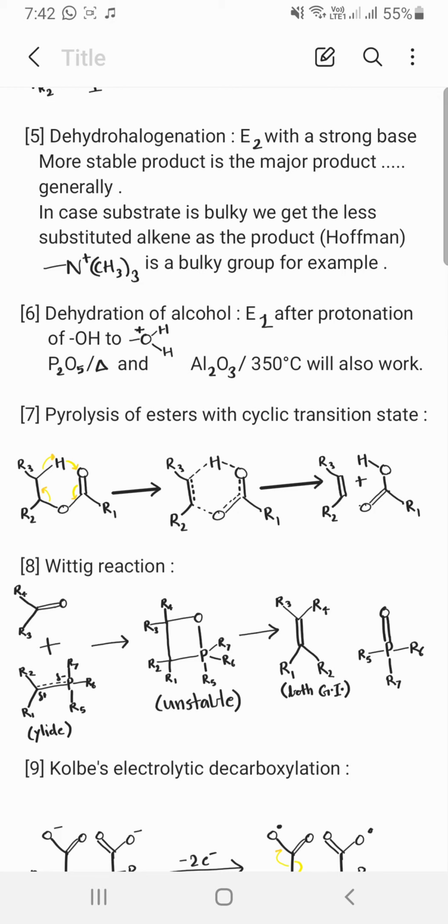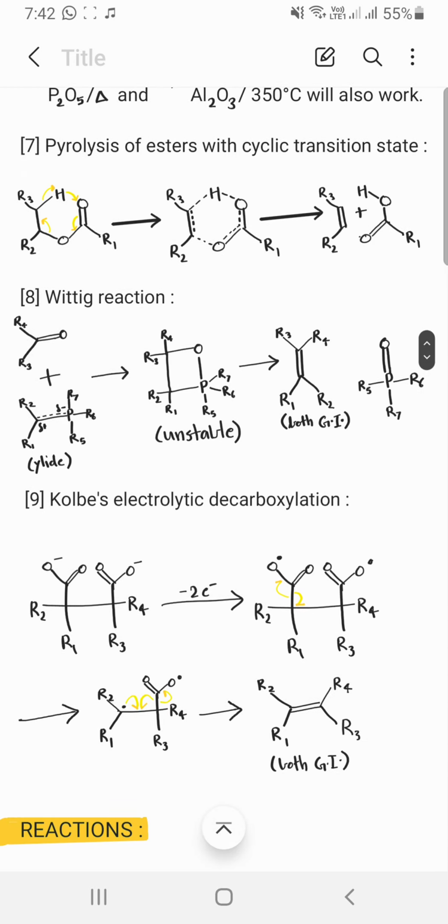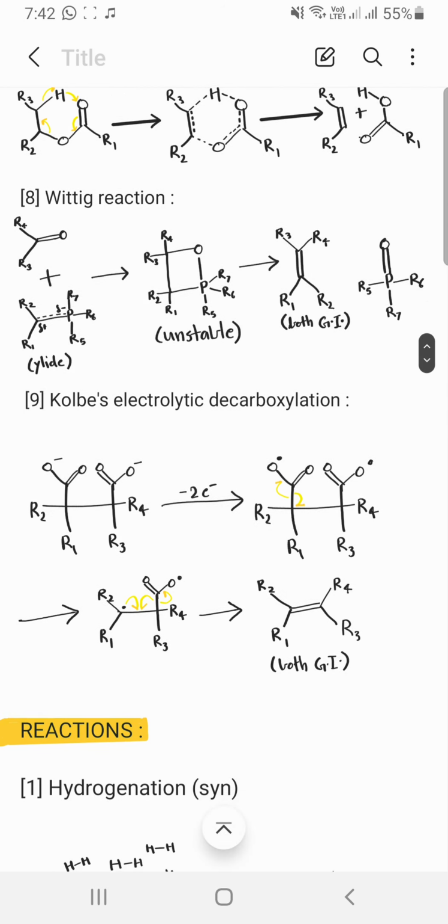So basically it can dehydrate your molecule. H2SO4 is also something that can dehydrate a molecule, but fine, that's not important over here. Okay, cool. Pyrolysis of esters with cyclic transition state, not important.